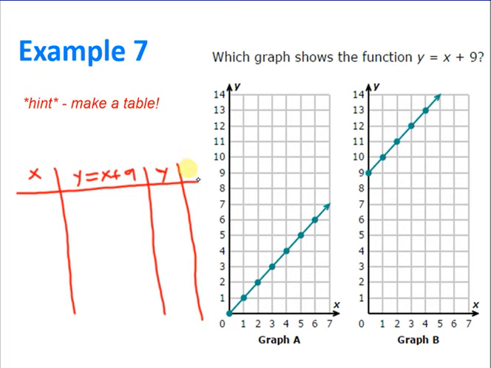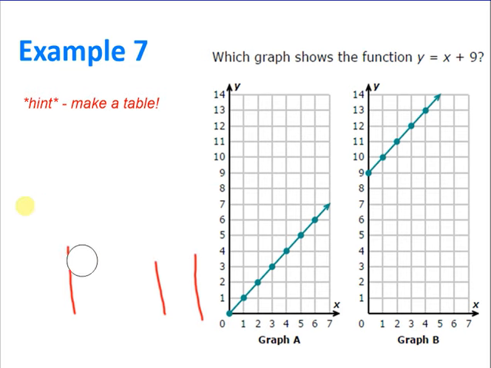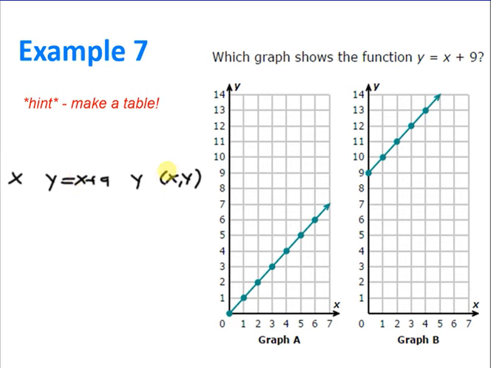and I'm running out of room here. Let me make this a lot smaller. Okay, let me try this again. Maybe a little neater here. So, I have an x column.